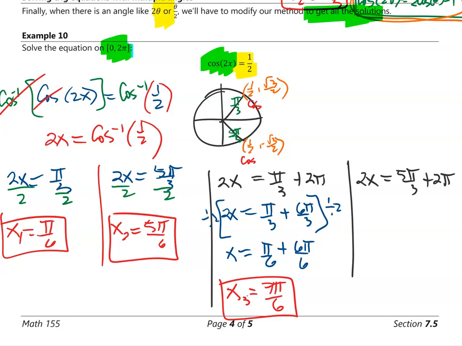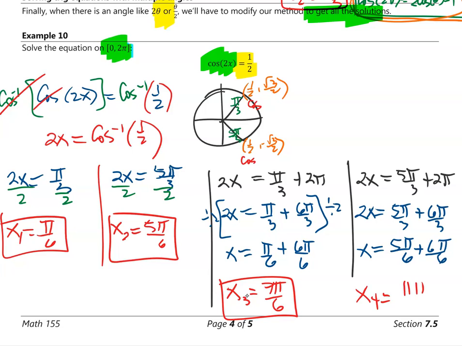So let's do the same thing for the last one, 2x equal to 5 pi over 3 plus 2 pi. You can write this as 2x is equal to 5 pi over 3 plus 6 pi over 3, and then divide both sides by 2, so that x is equal to 5 pi over 6 plus 6 pi over 6, so that we have 5 plus 6, 11 pi over 6.